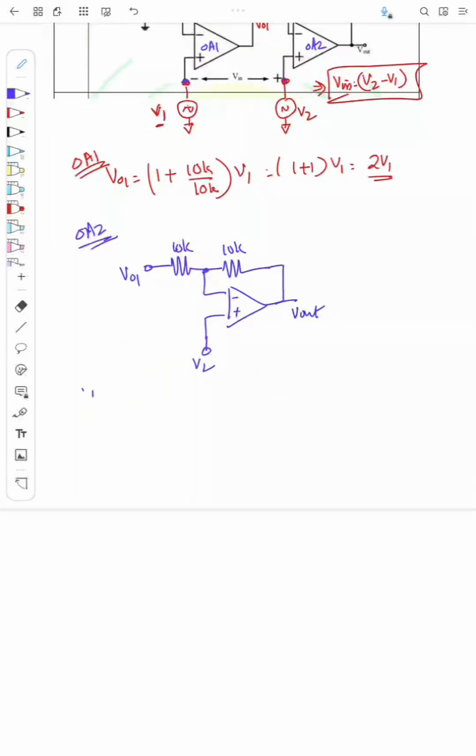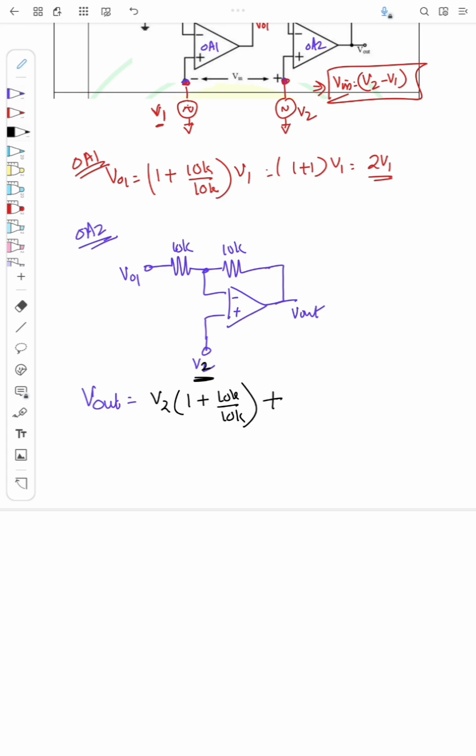Vout is actually a function of these two voltages, right? So we can apply the superposition theorem. So what is the output voltage due to VO1 and V2? When V2 is applied, we'll consider this VO1 to be grounded. So the output voltage Vout due to V2 will be equal to V2 into 1 plus 10K by 10K, that is the non-inverting configuration, right?